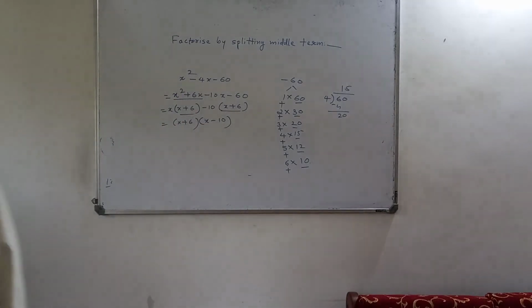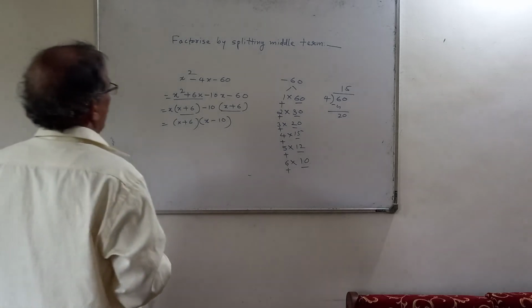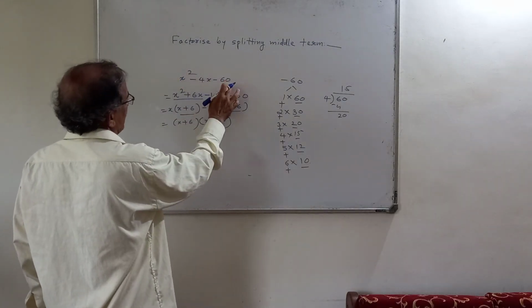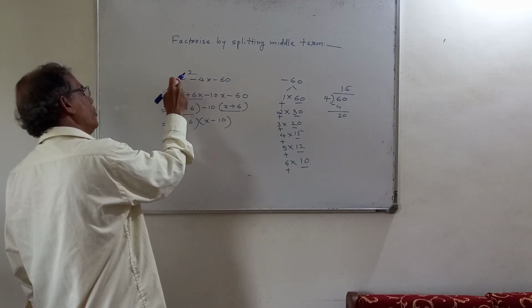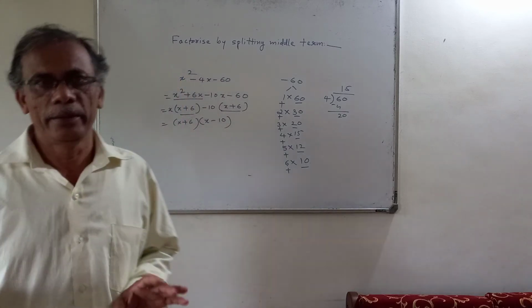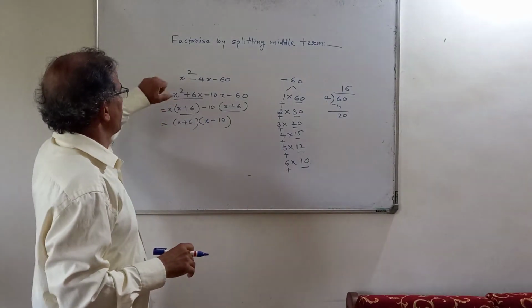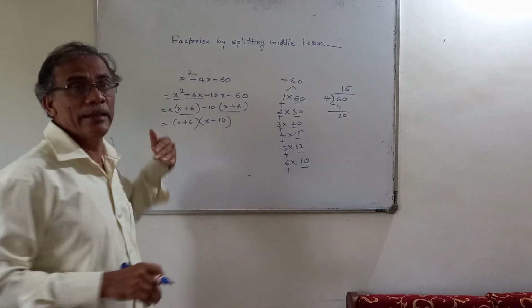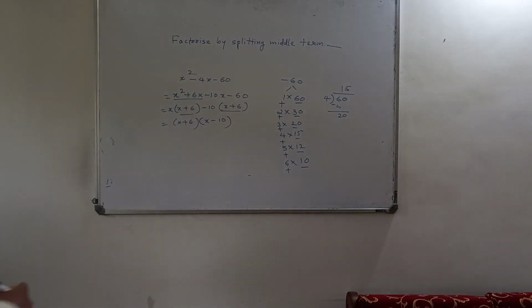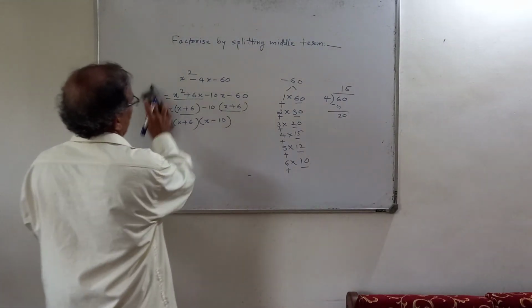So this is how we factorize the quadratic polynomial in the form ax square plus bx plus c, only when the coefficient of x square is 1. I have given you the examples. Here there may be 2x square, 5x square, 3x square. Then there are little changes there. Okay. So I shall give you a few examples to factorize.